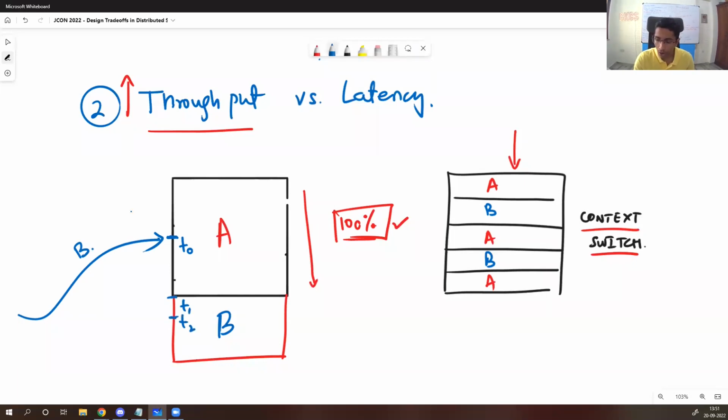Okay. So ideally, what should have happened is you should have had the response time of T2 minus T1, but instead the response time is this entire section, which is T2 minus T0, which is much larger.